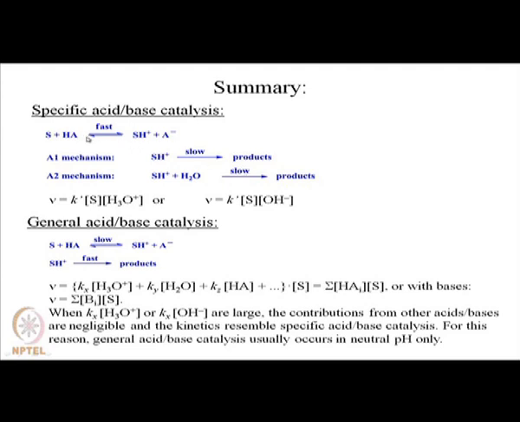For specific acid or specific base catalysis, the velocity of the process has this kind of expression, where velocity is proportional to H3O plus, or velocity is proportional to OH minus. So it has a direct dependence on acid concentration or base concentration, and thus it is specific acid or specific base catalysis.